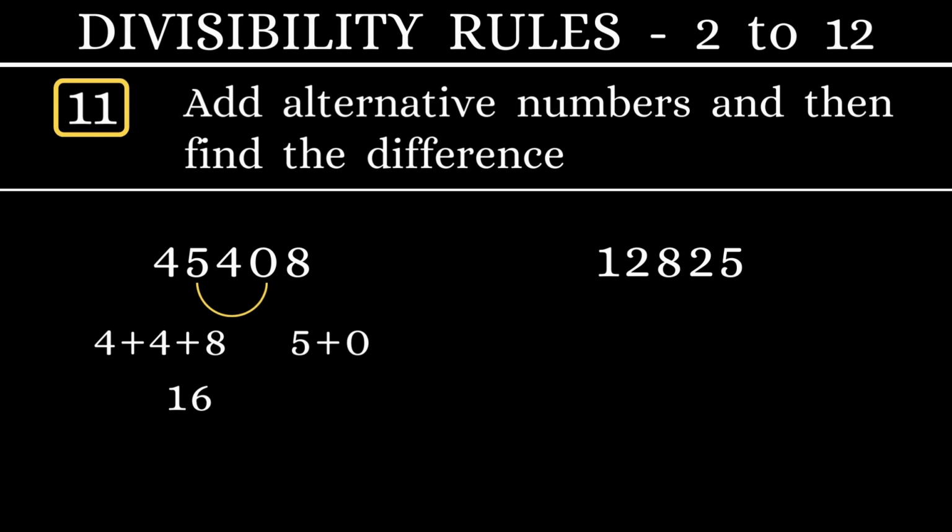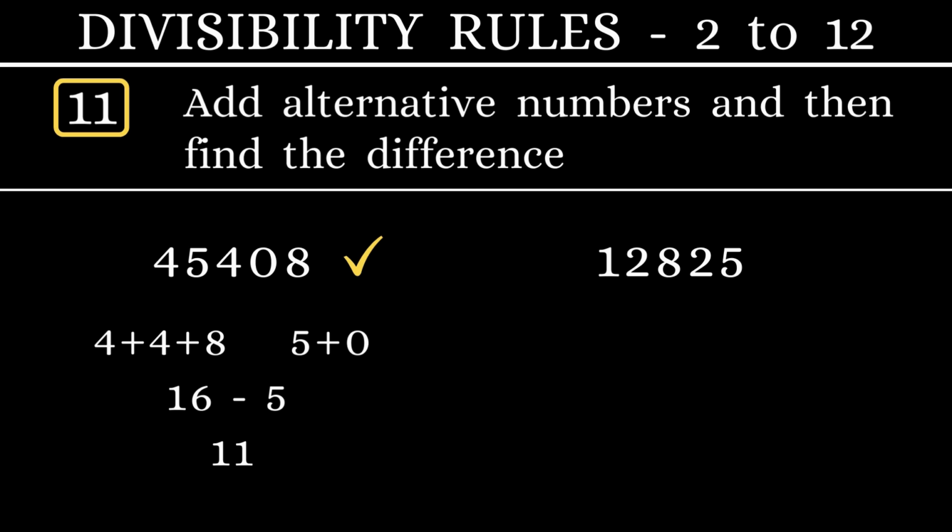We get 5. Now we have to find the difference. 16 minus 5 is 11, which is a multiple of 11, and hence the given number is divisible by 11.